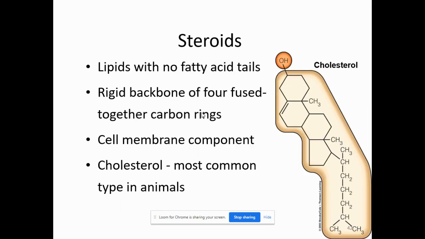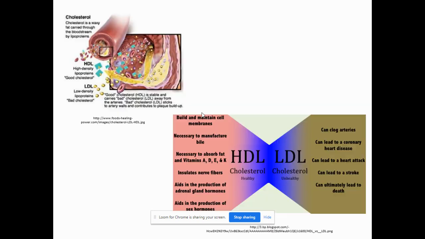And then the last group, steroids. These are lipids with no fatty acid tails. They play a major role in cell membranes. You have cholesterol, which is a steroid. You have sex hormones, which are steroids. So there are major biological functions of these steroid lipids.